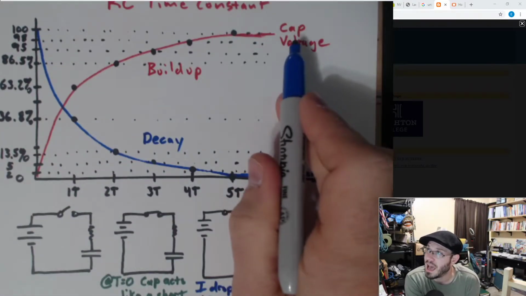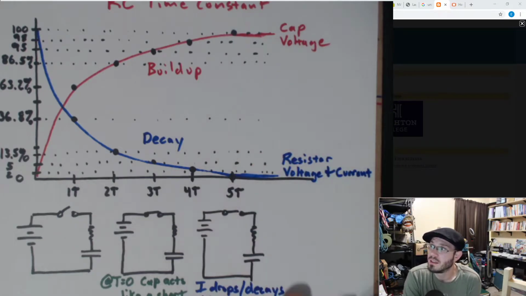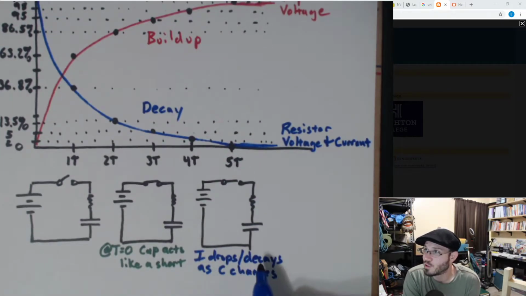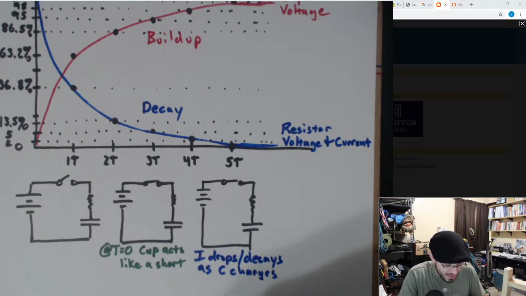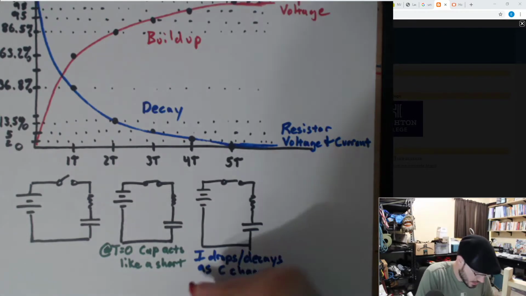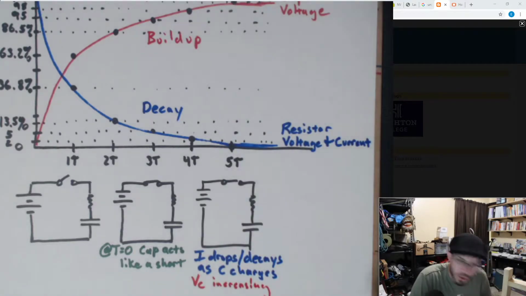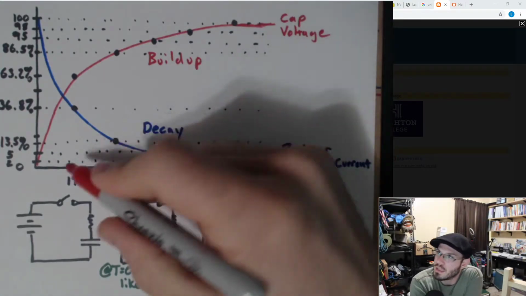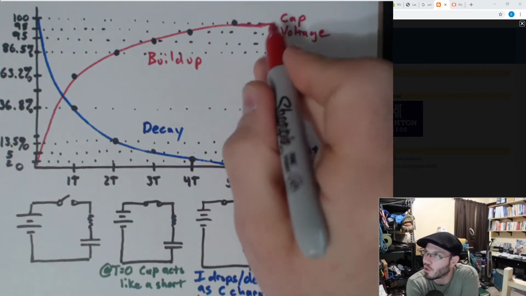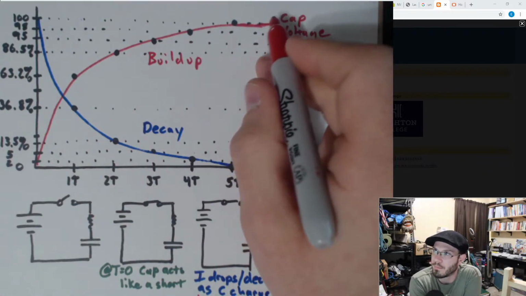Now, if you look at the cap voltage, so not only is I dropping, but V is increasing, the voltage across the cap, so V sub C is increasing, and it follows this red line along our universal time constant chart.